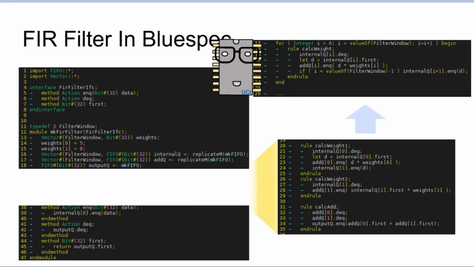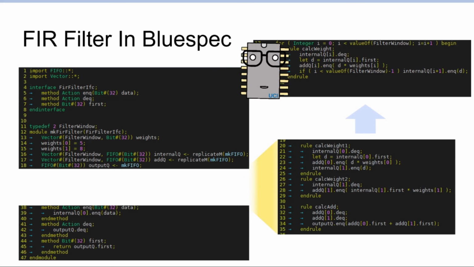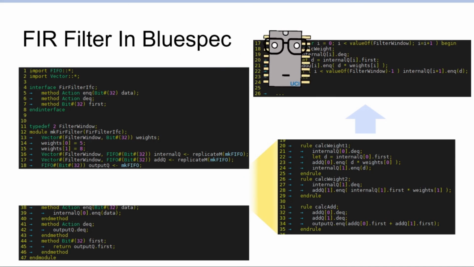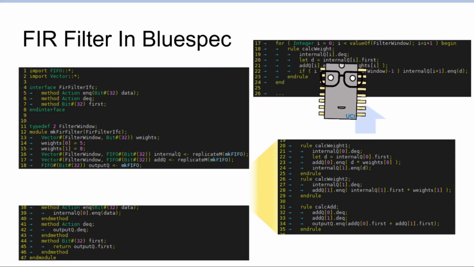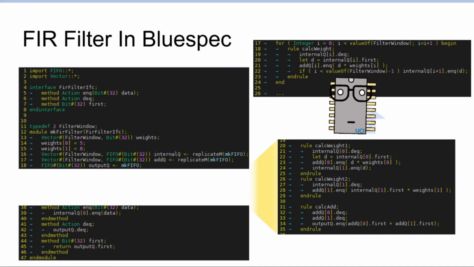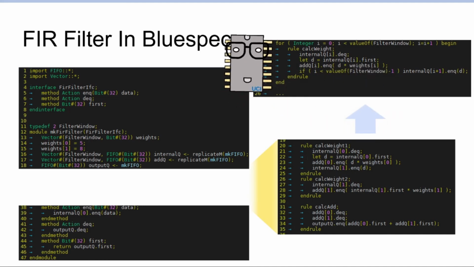This is what's called static elaboration. We can create a for loop for creating multiple instances of the rule, looping over integer I, and we can use this I to parameterize all of our code, so that writing this one for loop will be sufficient in implementing all of the multiplier rules.